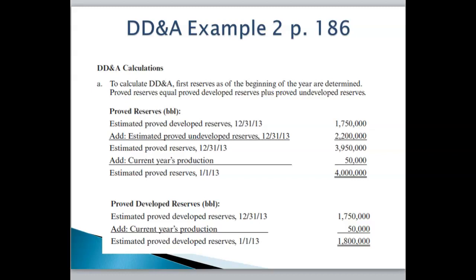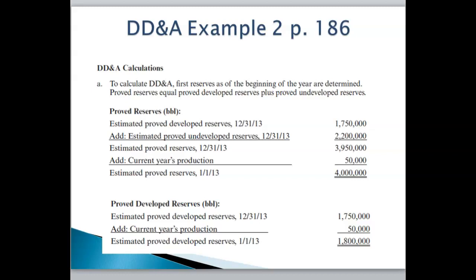To calculate our DD&A at the end of the year, we're first going to calculate using our estimated proved developed reserves at the end of the year, 1,750,000. We're also going to add the estimated proved undeveloped reserves of 2,200,000.